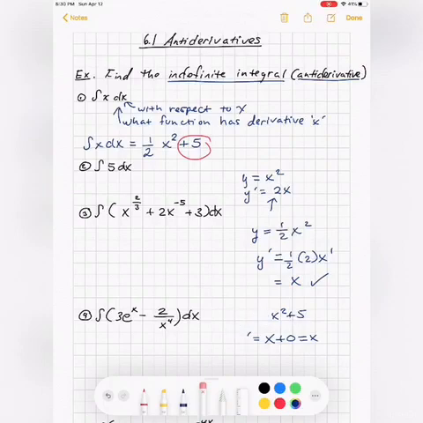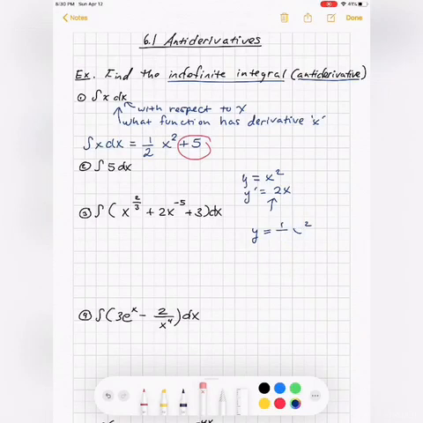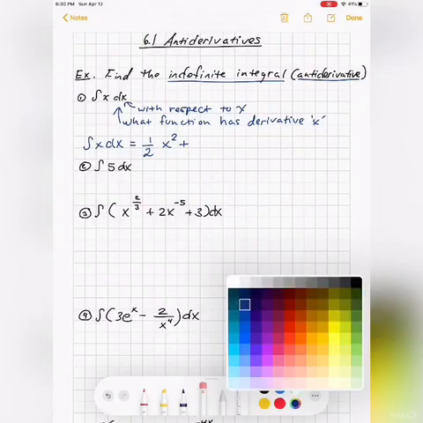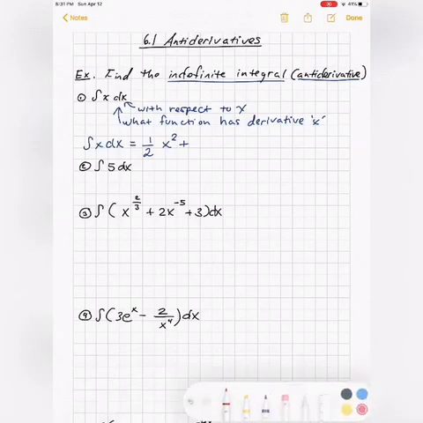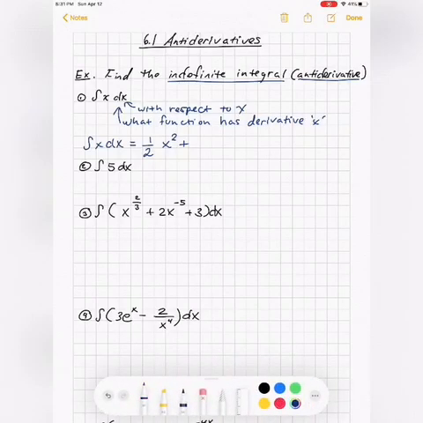So let me clean this up. Generally speaking, I would say plus c, a generic constant. Okay, so there's my antiderivative.